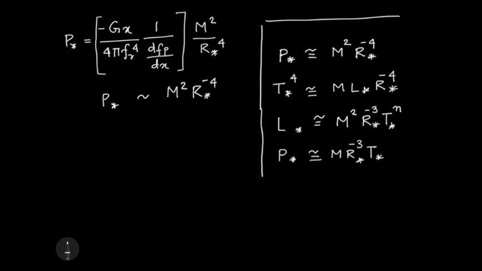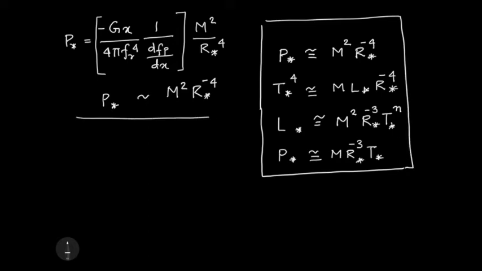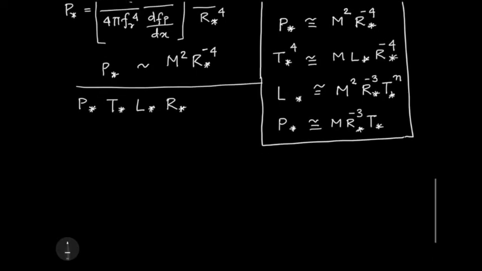Okay, now let's see how many variables I have. I should have the same number of variables as equations, such that I should be able to write down all of them in terms of M. So the variables I have are P, T, L, and R. So I should be able to write them down in terms of M, because I have 4 variables and 4 equations.